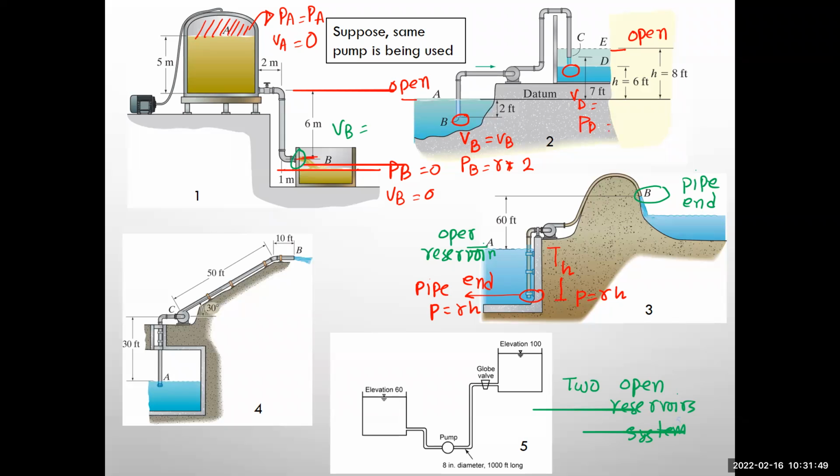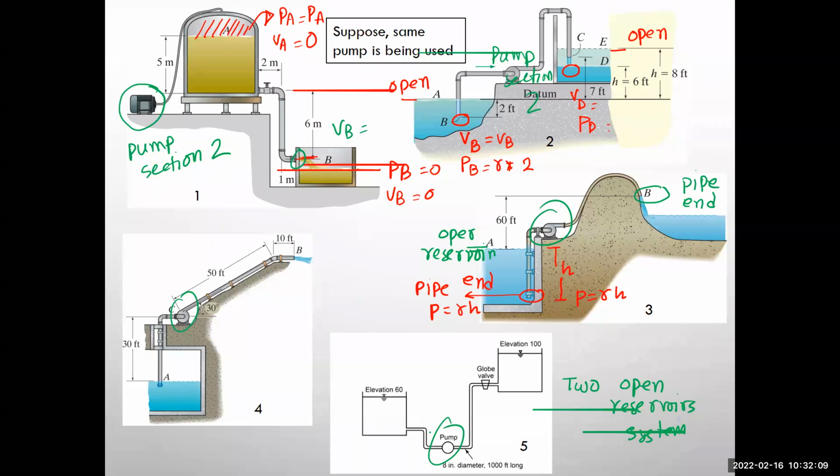The same thing here. If we use the same pump, suppose this is pump section 2. We are using the same pump here, here, here. So every time the pump is the same, so it has some specific characteristics it is supposed to provide you.